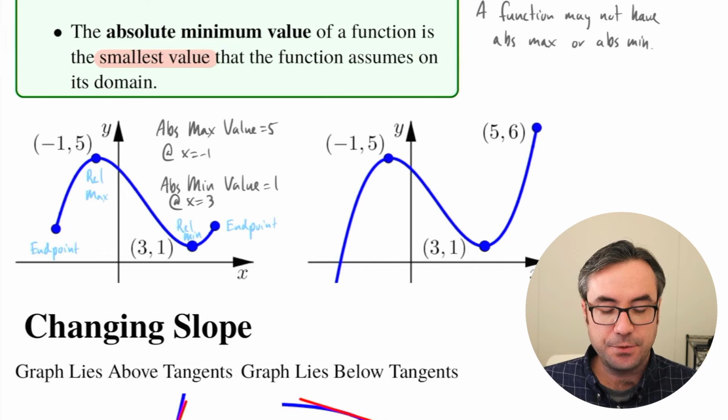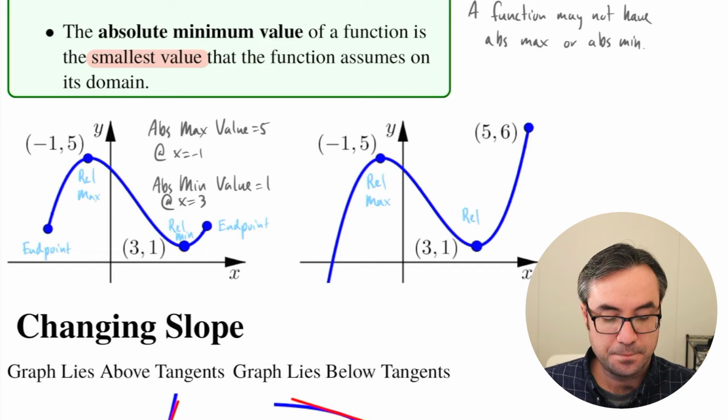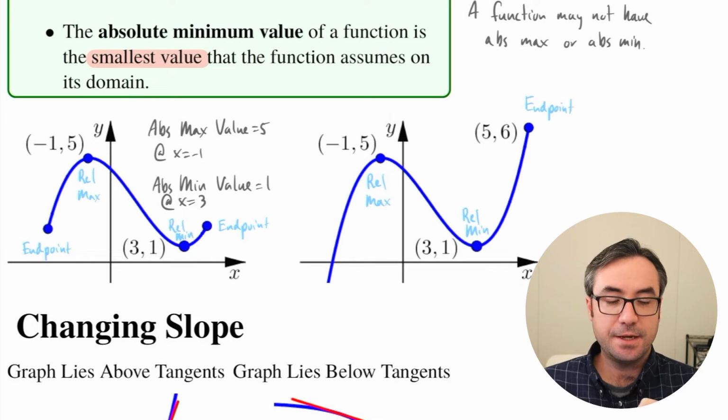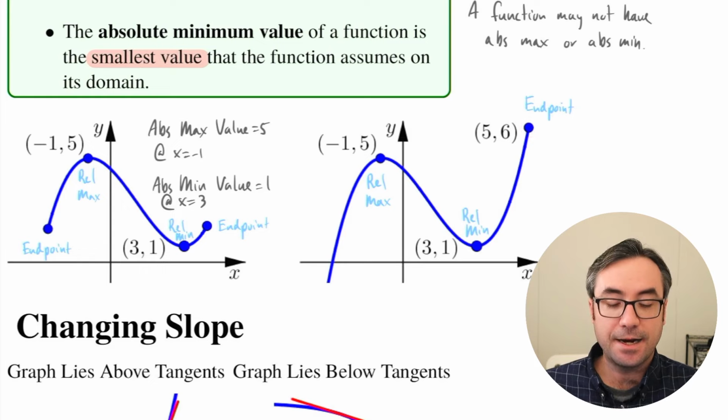We can have a situation where, again, we have a relative max and a relative min, but we have one endpoint now, and this endpoint is higher than that relative max.